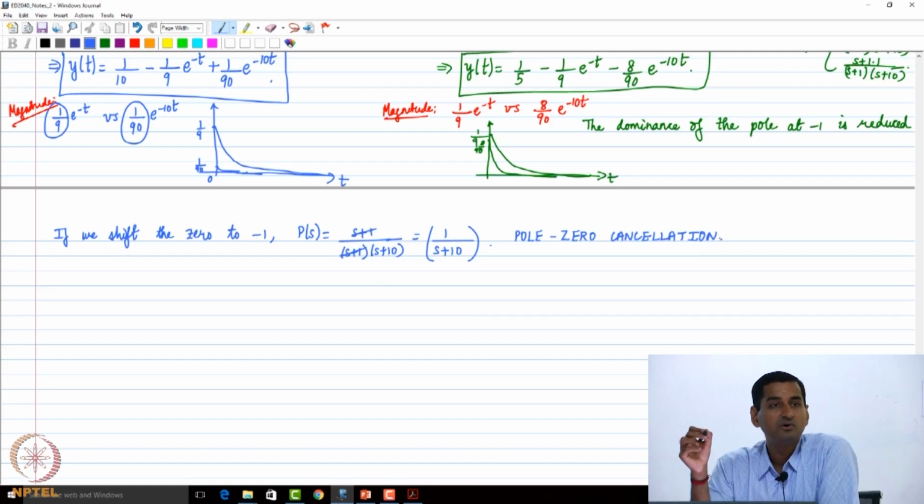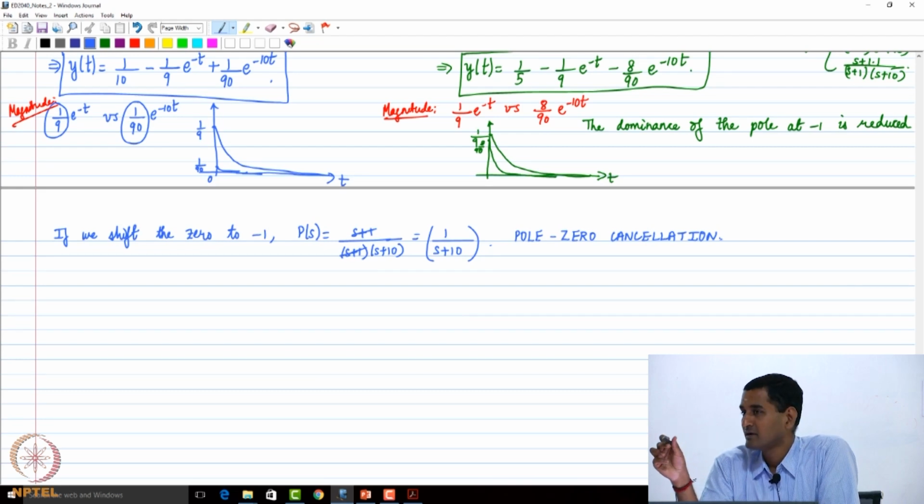But it is not a great tool. We'll see why we typically don't do this. If you want to essentially cancel the effect of a pole, you can place a 0 exactly at the same location as the pole. So you can see that the pole and the 0 cancel each other.